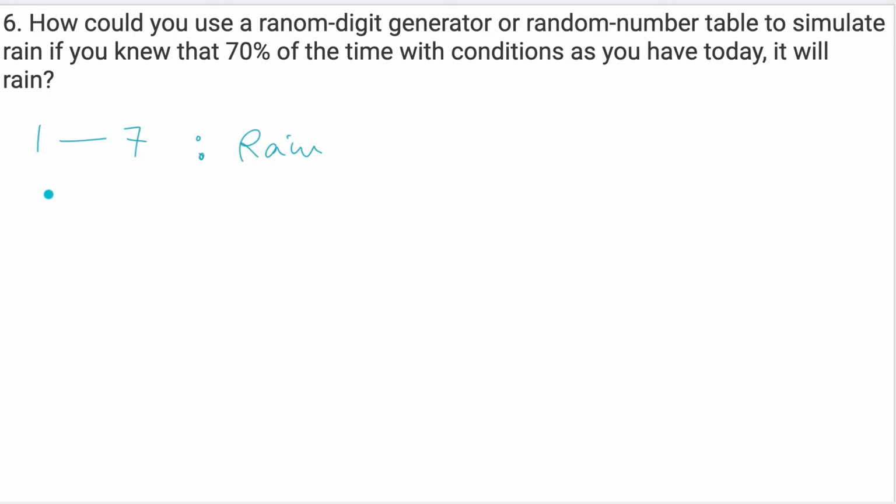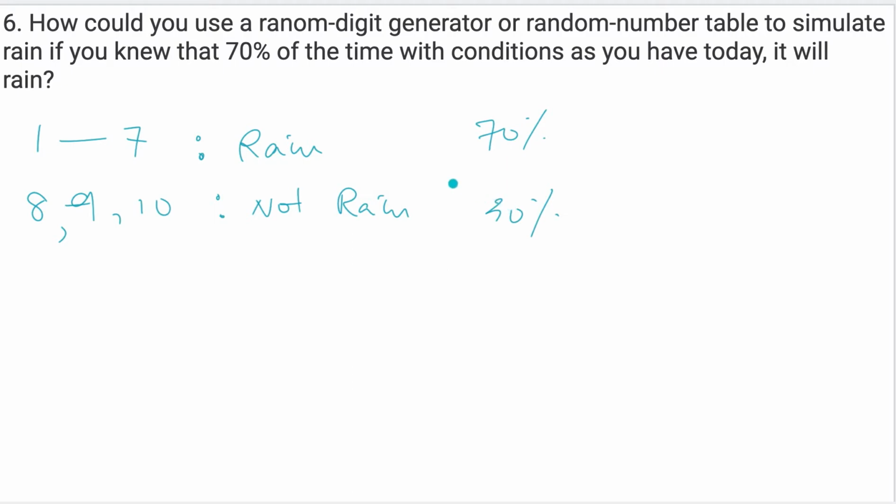And the rest of it, 8, 9, 10, you can say that's not going to rain. Then you have 30% not raining, and you have 70% raining. Together, it is 100%, right?